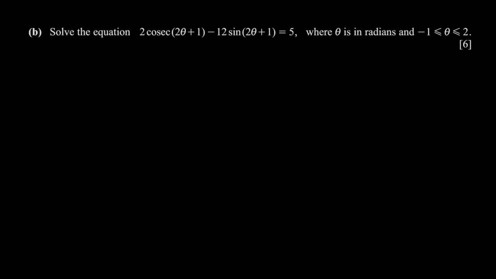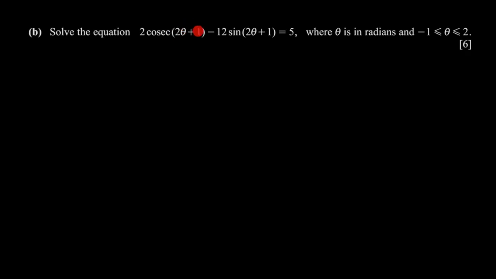Okay, then part B of the trigonometry question, we want to solve this equation here, where theta is in radians between -1 and +2. My solution is going to take quite long because I like to be very meticulous when we're doing this kind of question, but I hope at least it will be clear and you can follow it through on your own questions. So what's my first step?